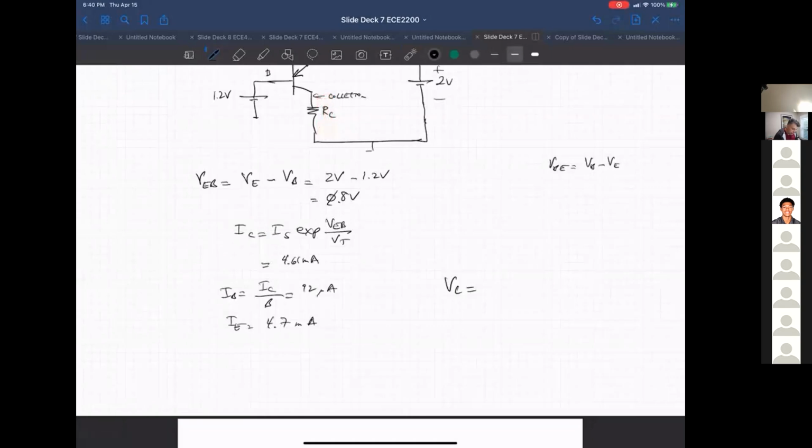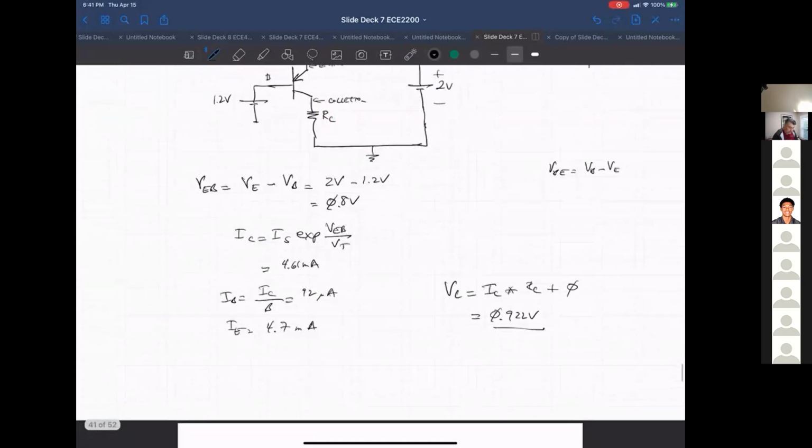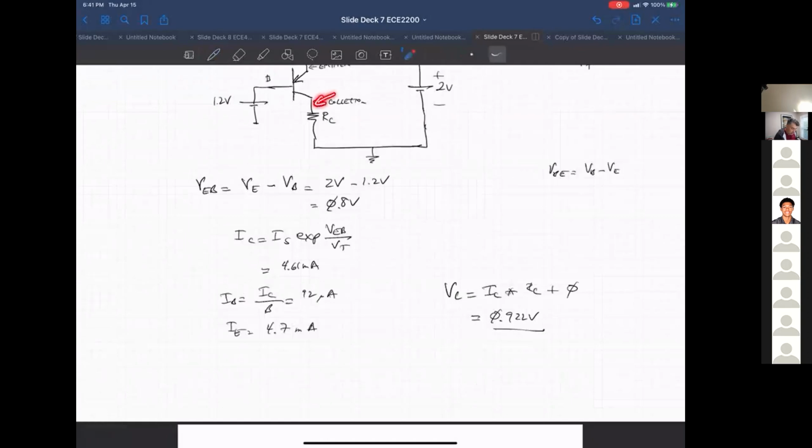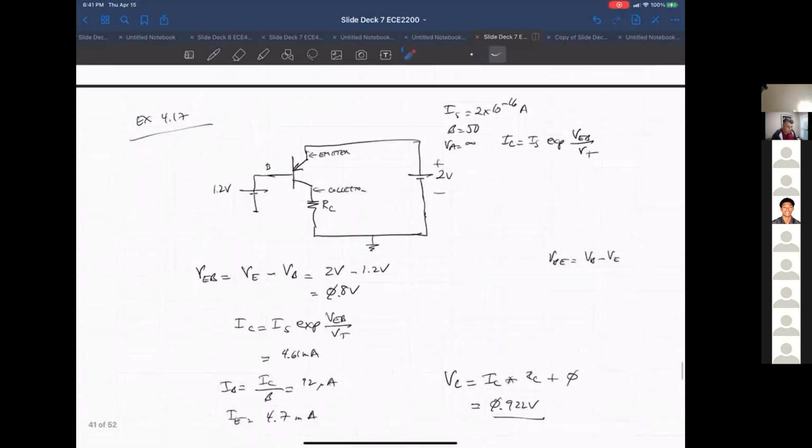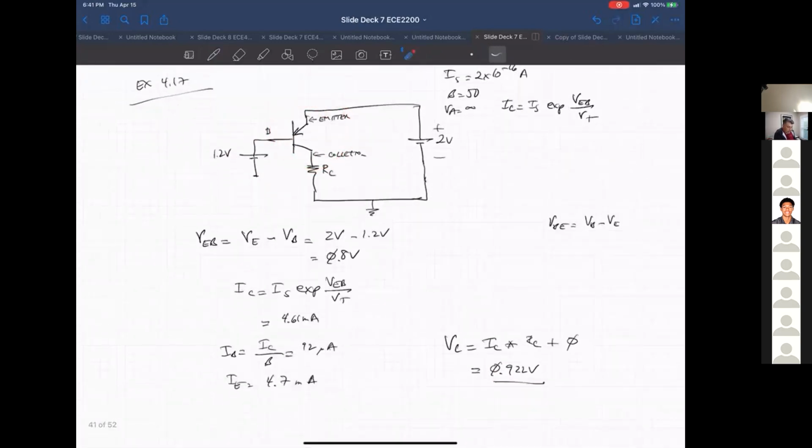So V sub C is just I sub C times R sub C plus 0, the 0 being this ground. That's equal to 0.922 volts. Now again, because this is a PNP, as long as this collector voltage is below the base, so the base is 1.2 and this is 0.922, this junction is reverse biased and the transistor is in forward active.